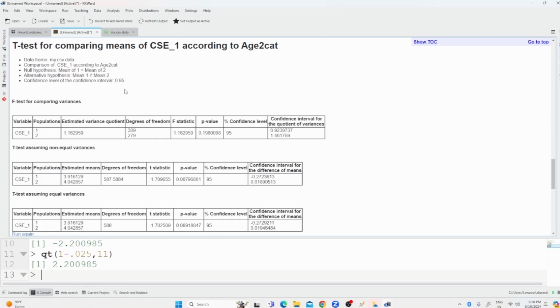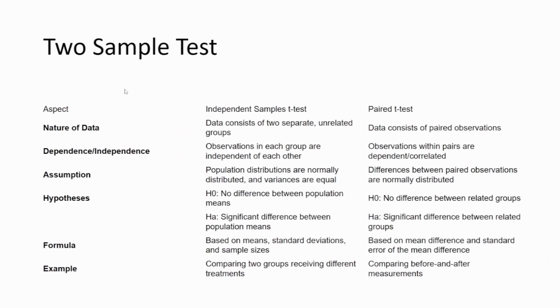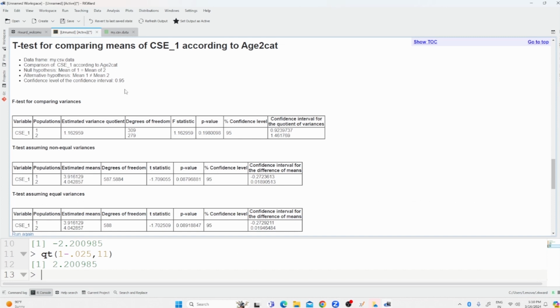Now, first test is comparing the means. If you remember, we did discuss there are 3 conditions. It has to be normally distributed, and the sample variances should be equal, and obviously independent samples. Now that is the assumptions being checked here.